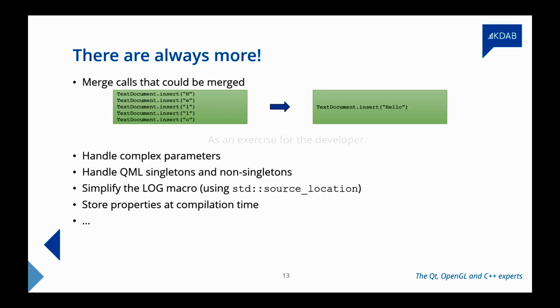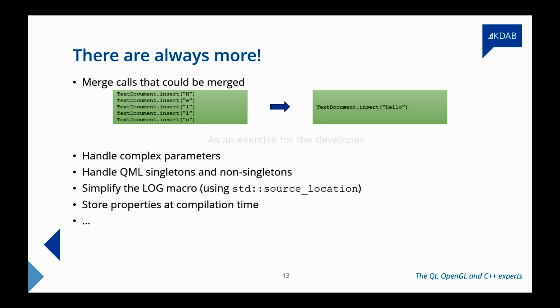And that's an exercise for you, because I didn't do that in the simple example I just showed you. There are many other things you need to do. You need to handle complex parameters. You need to handle the difference between a QML singleton and a non-singleton object.